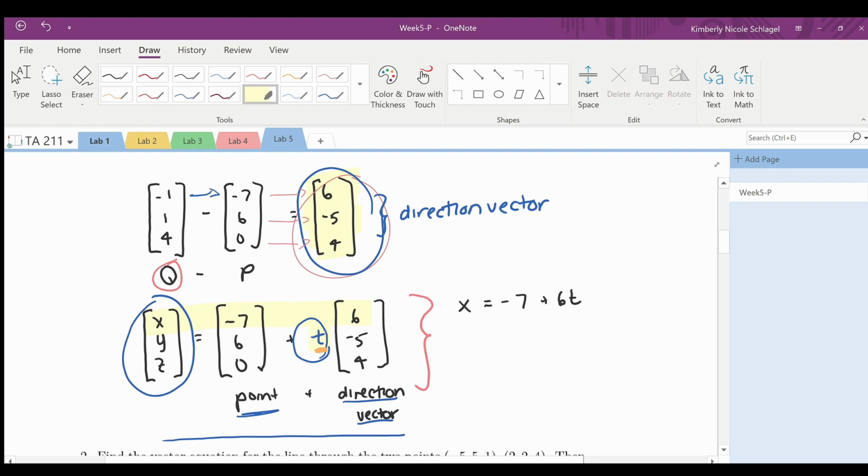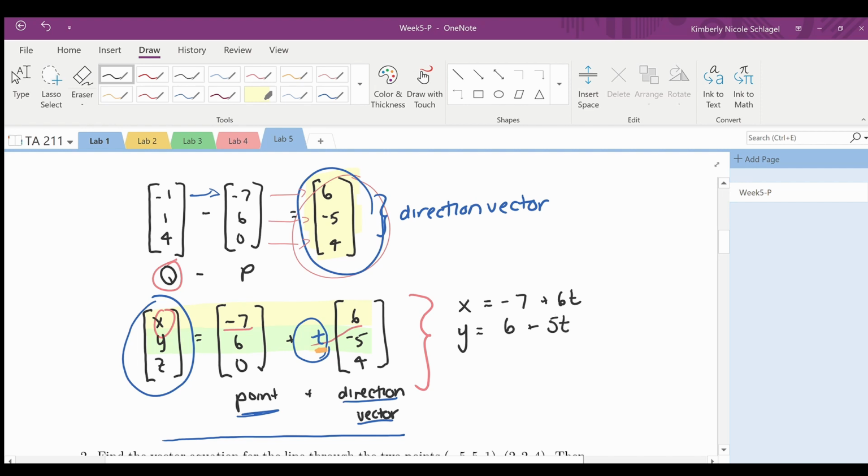So you see that right here you have x equals -7 plus t times 6, so 6t. And we're just going to do that for all of the other ones as well. So we take out y and we look on our row here and we see that y equals 6 minus 5t.